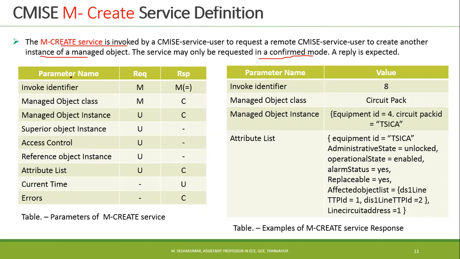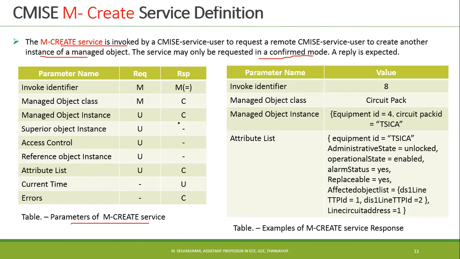The parameter name is request or response. The parameters of the M-create service are the invoke identifier, managed object class, instance, superior object instance, access control, reference object instance, attribute list, current time, and error.